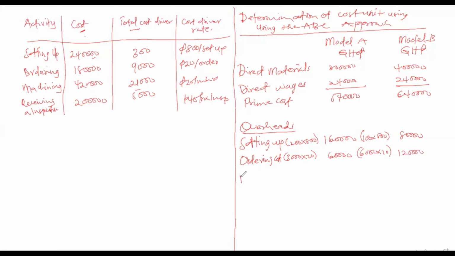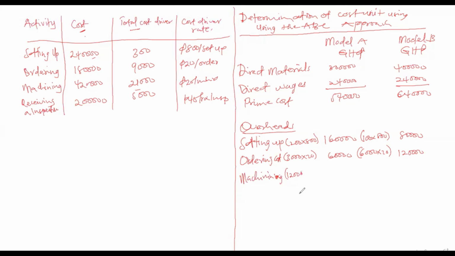Then we come to the machine. So for the machine we multiply by the number of machine hours. The number of machine hours for module A is what? 12,000. And the rate for the machine cost is what? 20 cedis.